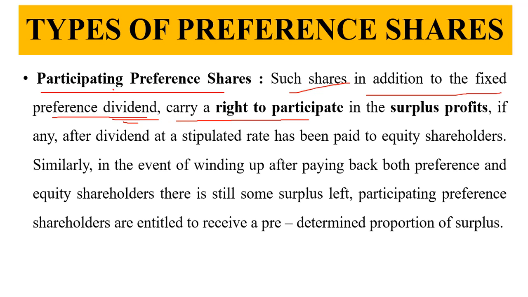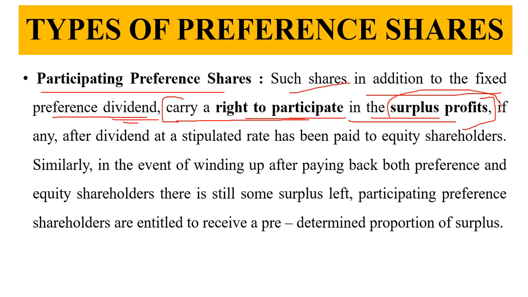Participating preference shareholders get a fixed amount of dividend. In addition to this fixed amount of dividend, they carry one special right: the right to participate in the surplus profit.